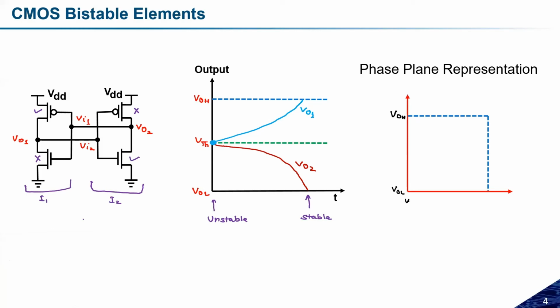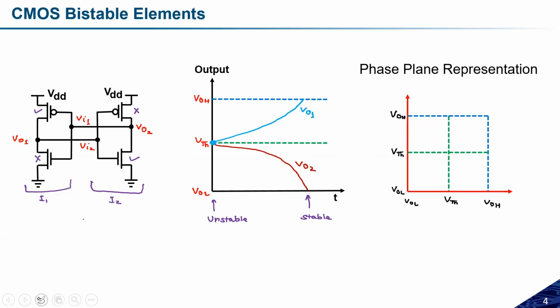This is the VOL of the second inverter, and this is the VOH of the second inverter. And these points are the threshold voltage of each inverter. Let us assume the x-axis is for inverter number 1 and the y-axis is for inverter number 2. So this is the VOL, VTH, and VOH for inverter number 1, and similarly these are the VOL, VOH, and VTH for inverter number 2.